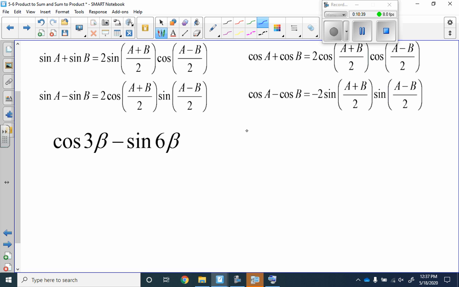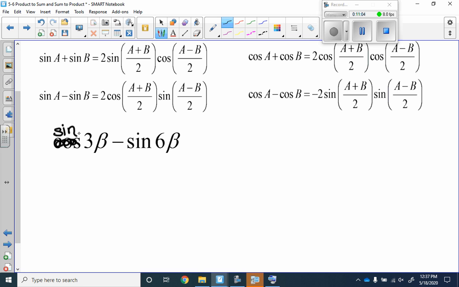So when I look at my options, oops, sorry. This is going to create a problem because we don't have one for cosine minus sine. This should be a sine of 3 beta. Alright, sorry about that. That should be a sine of 3 beta.